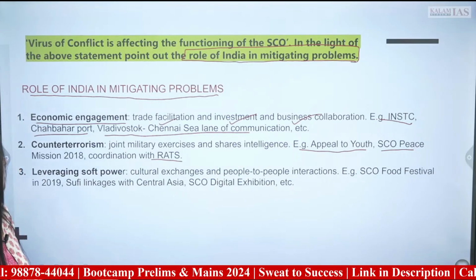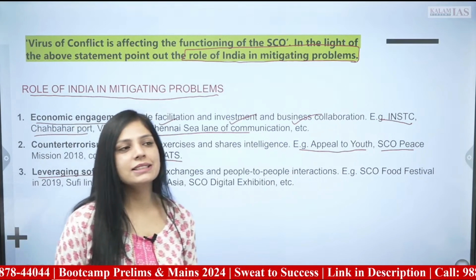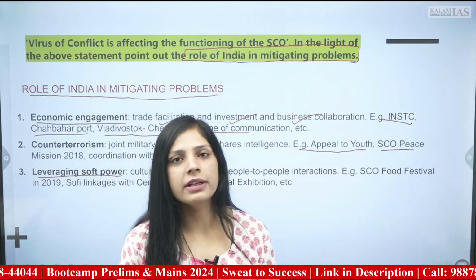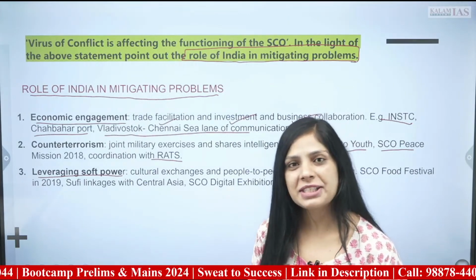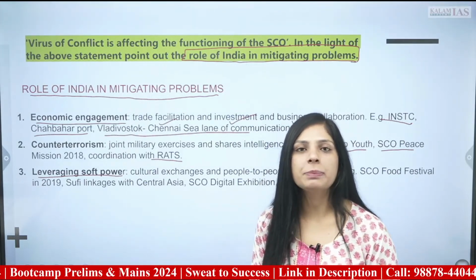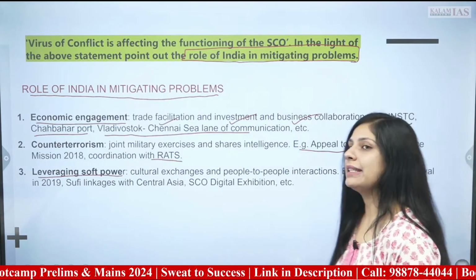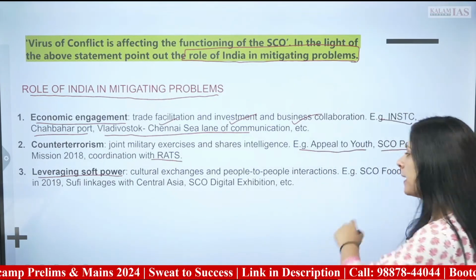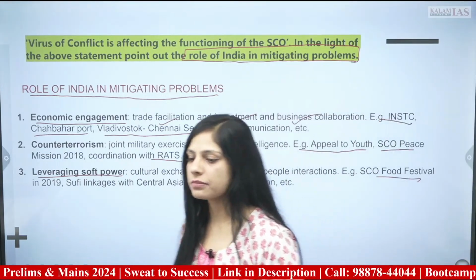Apart from it, leveraging soft power. India exercises huge amount of soft power, and it can be increased with the help of cultural exchanges and people-to-people interactions. Few examples can be taken, such as the SCO Food Festival. It was organized by India in 2019.